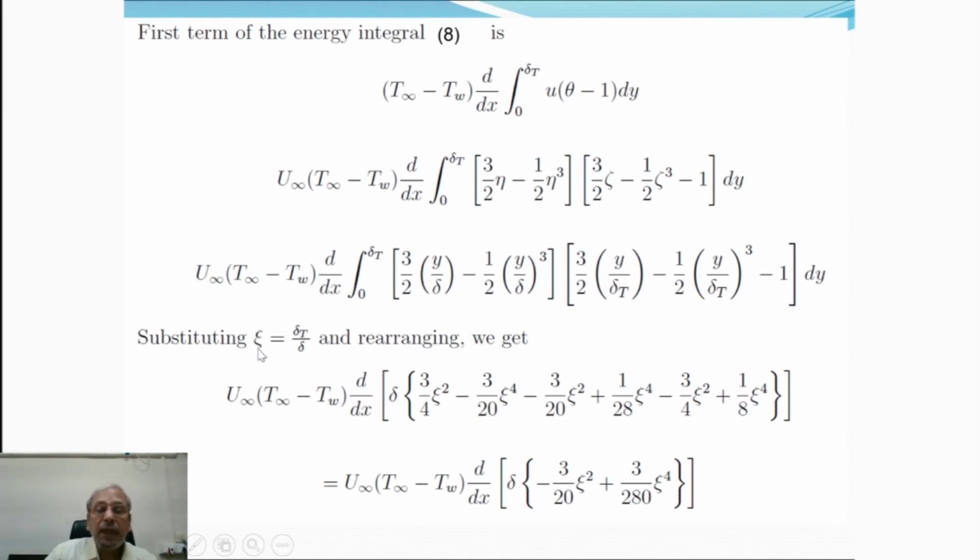And we evaluate this integral, substituting the upper limit and the lower limit.